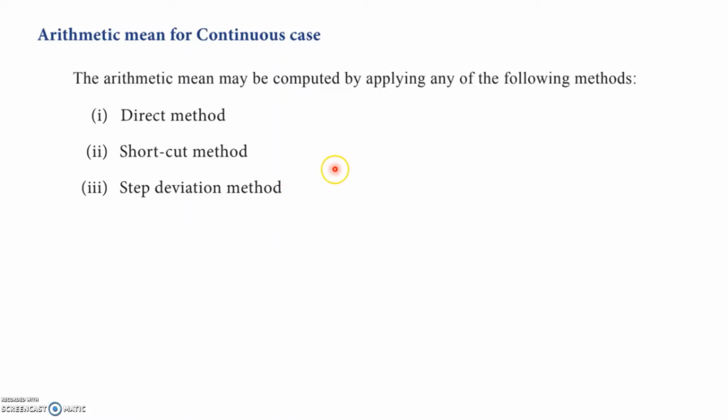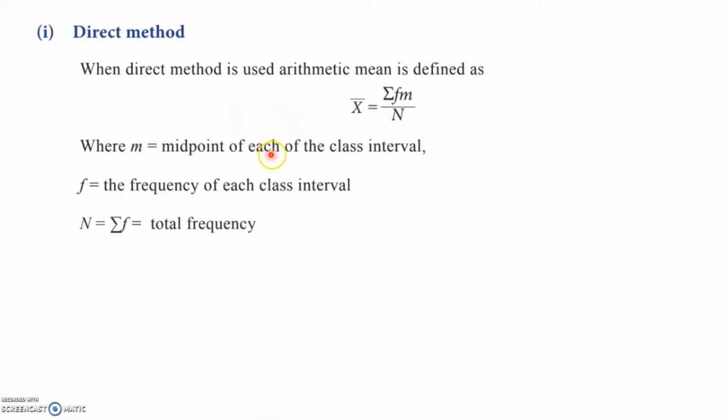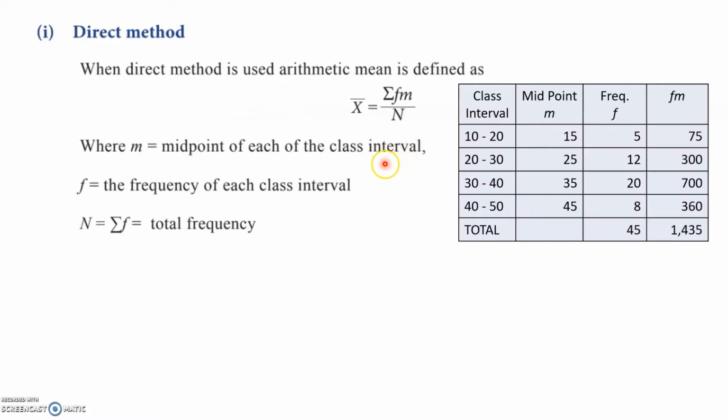So what is continuous data? You will understand it as we go on to solve the first method. This is called the direct method. Now, I have data for you here.